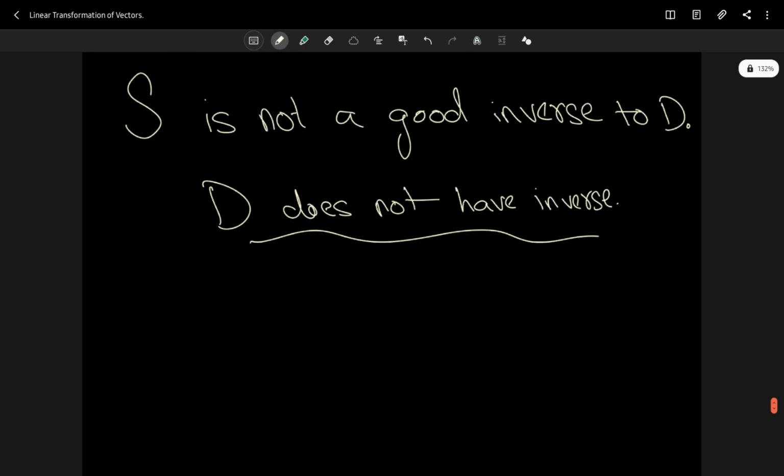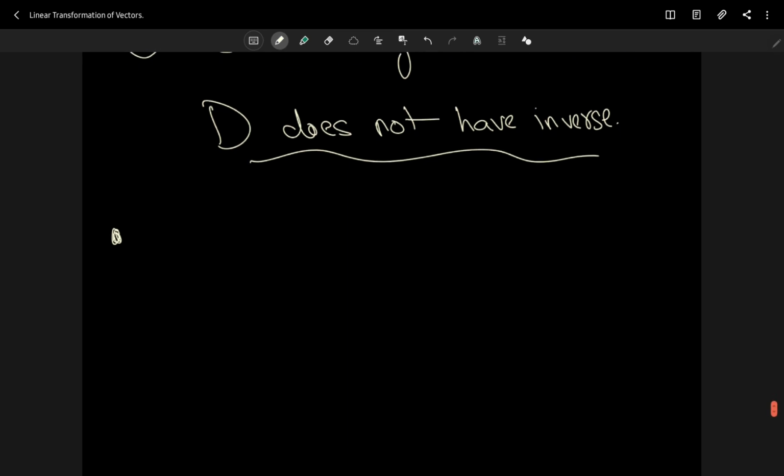So the first one being, if A and B are invertible, then so is A times B, with (AB) inverse being equal to B inverse A inverse.